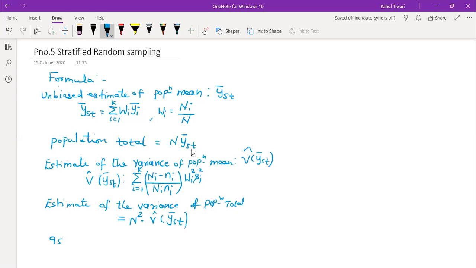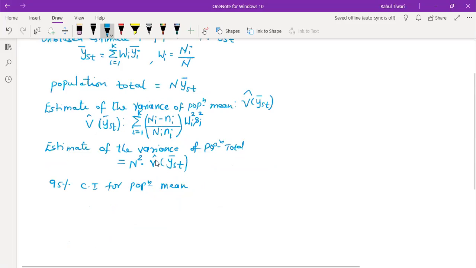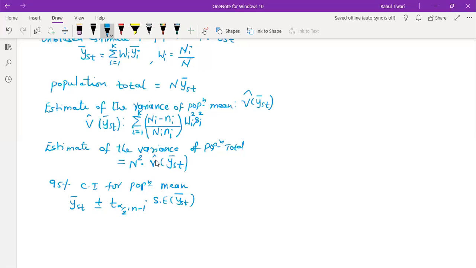So the 95% confidence interval for the population mean is nothing but y bar st plus minus, now since we have small data here, I'm going to use the t distribution, t alpha by 2, n minus 1, into the standard error of y bar st. Is that okay, everybody?